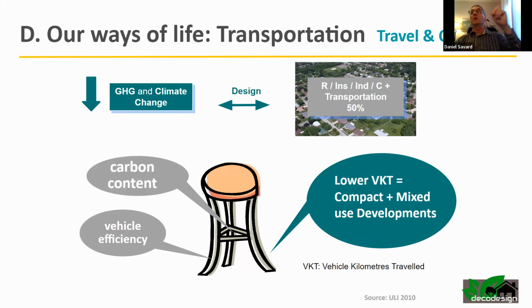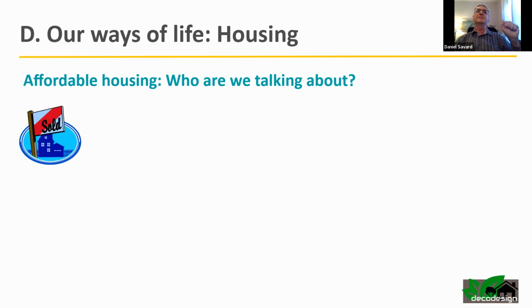That means lowering the VKT, or vehicle kilometers traveled. That means we're going to have to put a lot of emphasis on compact and mixed use developments in our subdivision building. Affordable housing is also a very big issue these days. Who are we talking about here?